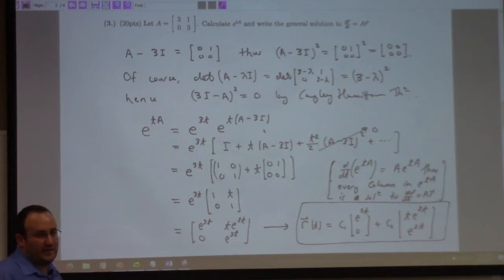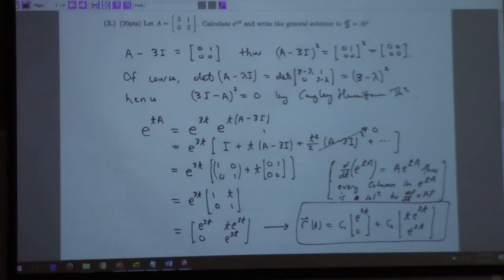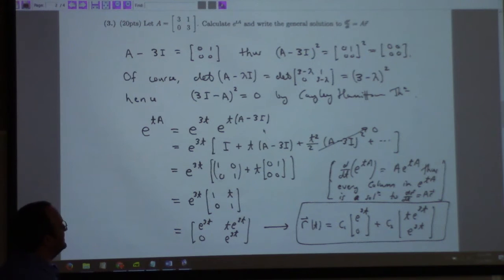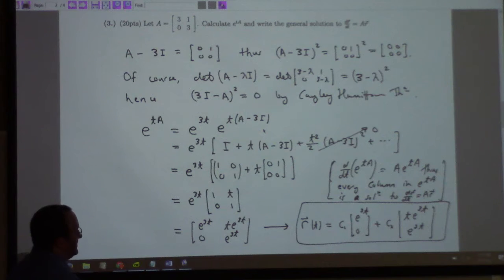And I know that's going to be the case because I've worked the homework. I've thought about this before, but I happen to know that if a matrix looks like that, if it's a Jordan block, then taking minus 3I removes the diagonal piece of it, right?